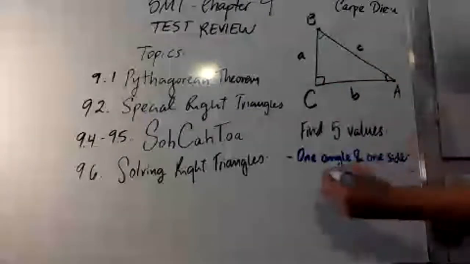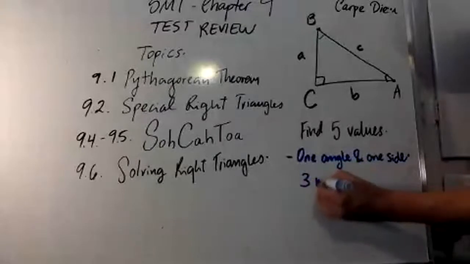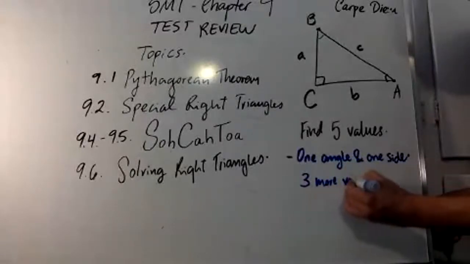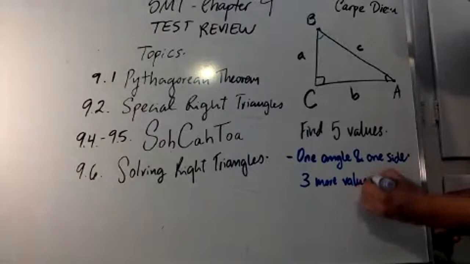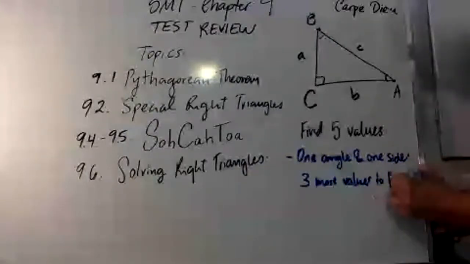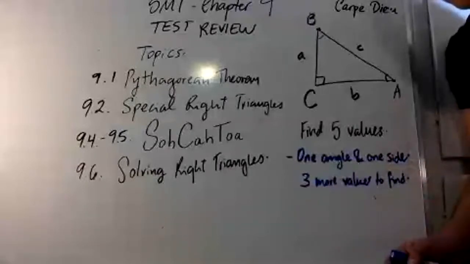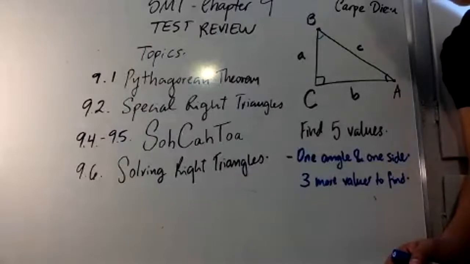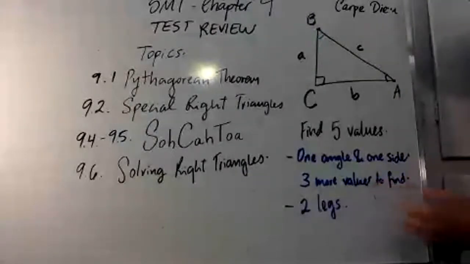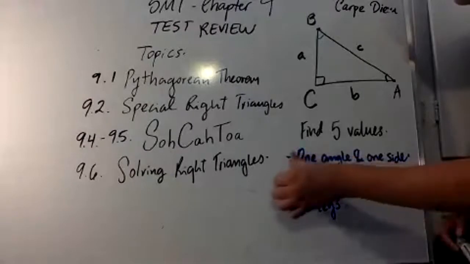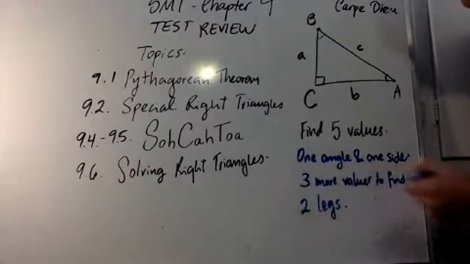So it means that you have 3 more values to find, all right? Basically, this is going to be about finding the other values that we are not given, because we have to provide you with 2 pieces of information, right? So this is scenario number 1, scenario number 2, okay?